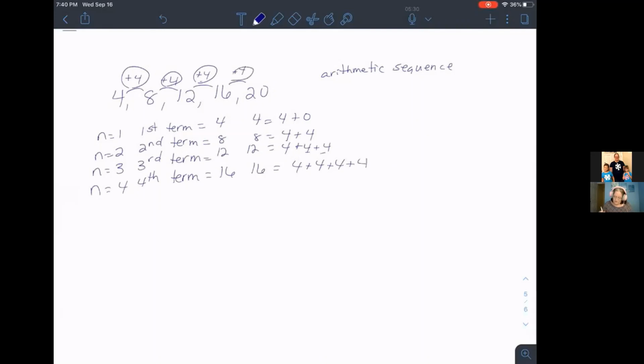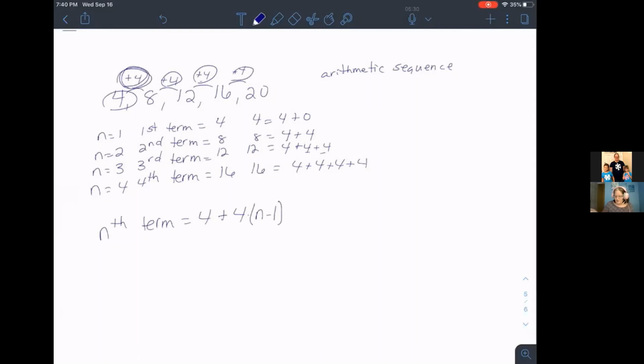So in order to find the nth term, which is where I was wrong before, our nth term is going to be equal to our starting number, our 4, plus our difference, 4, times n minus 1. So it's not to the power, it's just times.